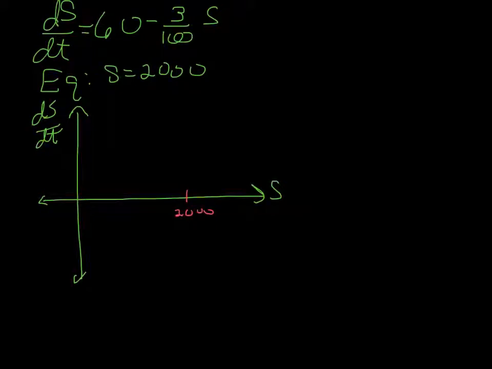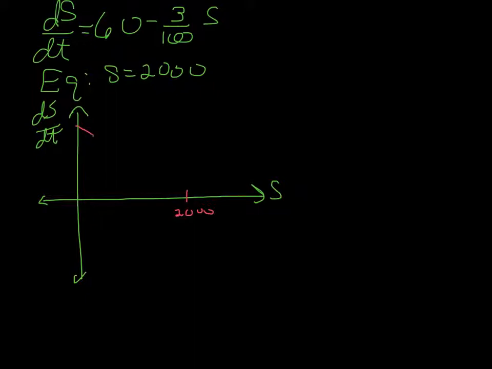This is a reasonably simple differential equation in the fact that this right-hand side is actually just linear. So if I throw in something that's less than 2,000 in for S, so something like 0, I'm going to get a positive number out. So I'm going to be somewhere up here.